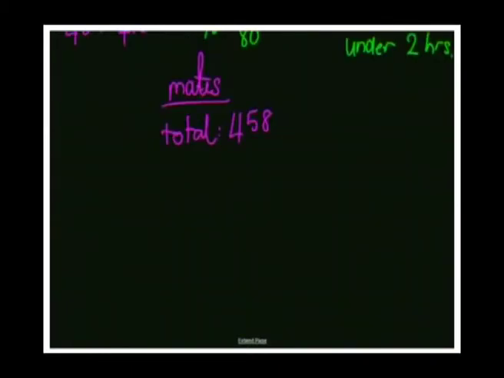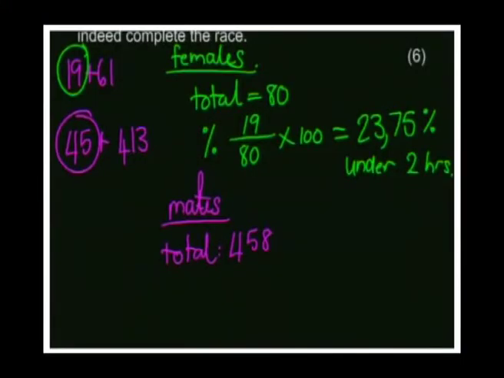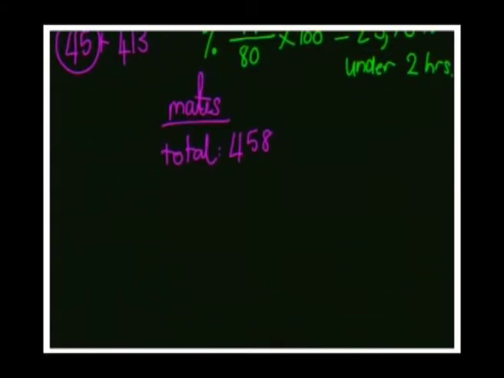Now we want to find out what percentage of these males finished under 2 hours. So we see that over here, 45 males finished under 2 hours. So we're going to say 45 out of a total of 458. We multiply it by 100 to get a percent.